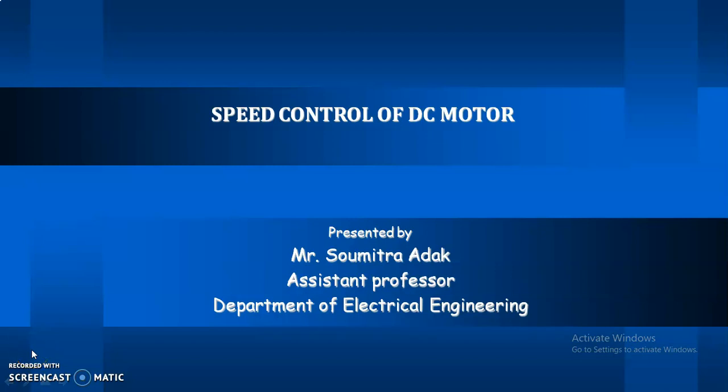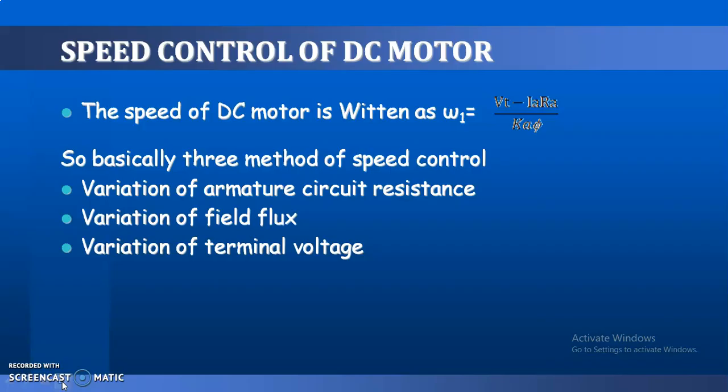We are going to discuss the speed control of DC motor. As you know, the back EMF of the DC motor is Eb = Vt − IaRa.